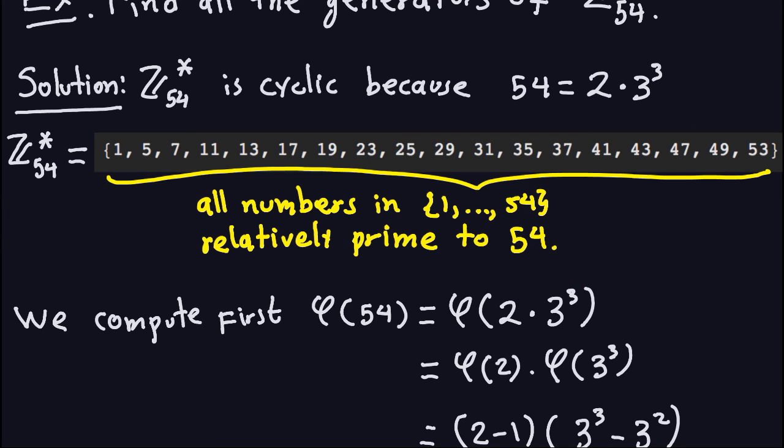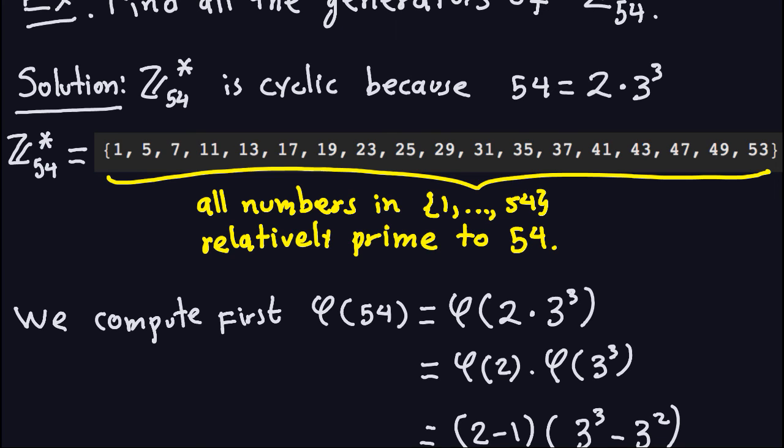And once you factor like that, phi distributes as long as these two elements are relatively prime. So 2 and 3 cubed are relatively prime, so it's going to be phi of 2 times phi of 3 cubed. Now, if you don't remember how to do this, you have to go back to the video where I teach the Euler function, which is the number theory for this class.